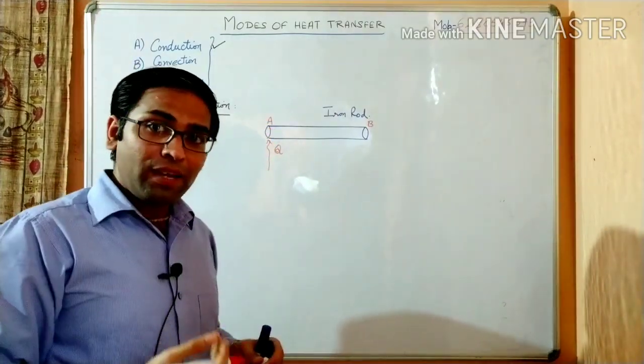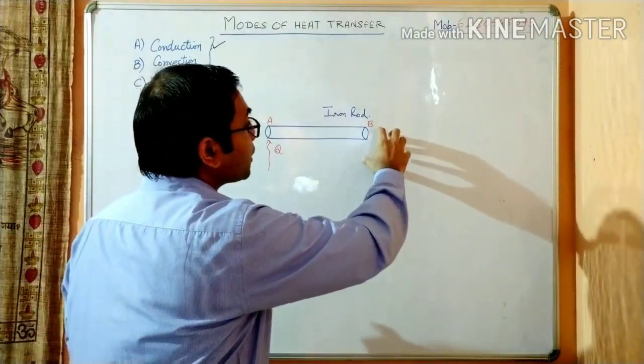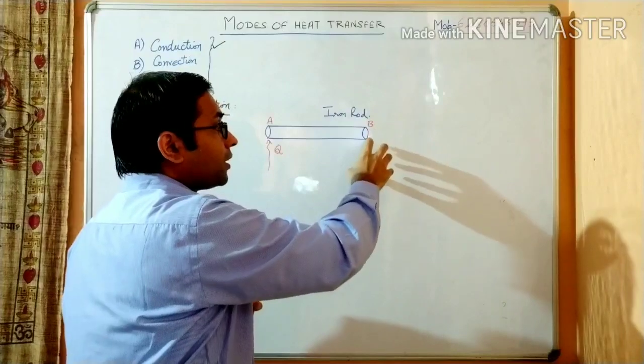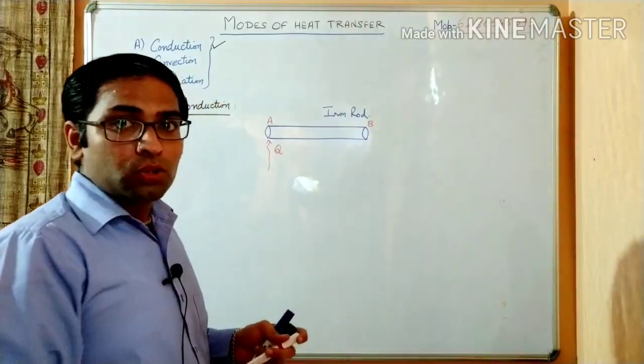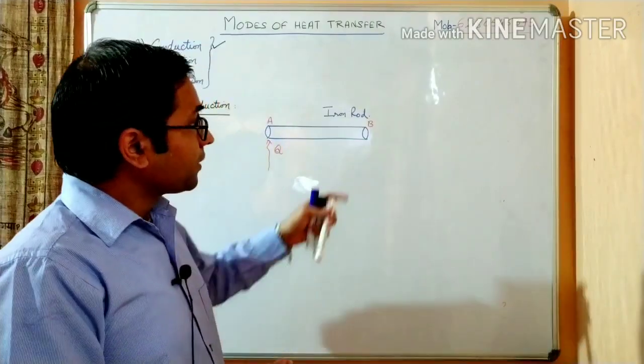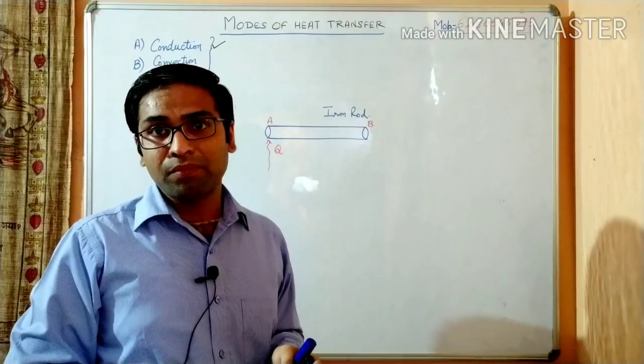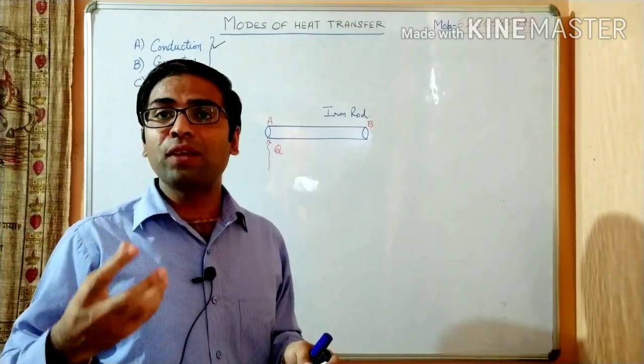Now eventually what will happen, if you hold this rod with your hand through this point B, after a few minutes or seconds, you will observe the end B of the rod gets warmed up. It also gets heated up. Your hand will start feeling the heat.